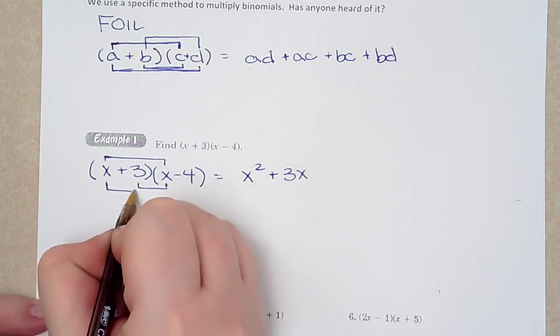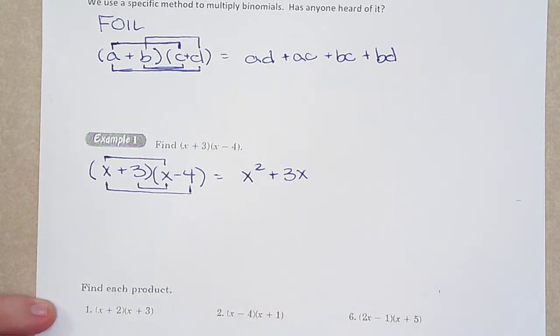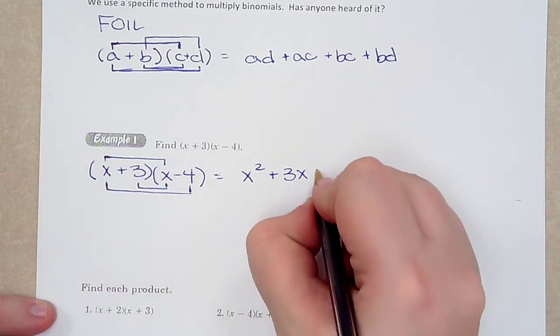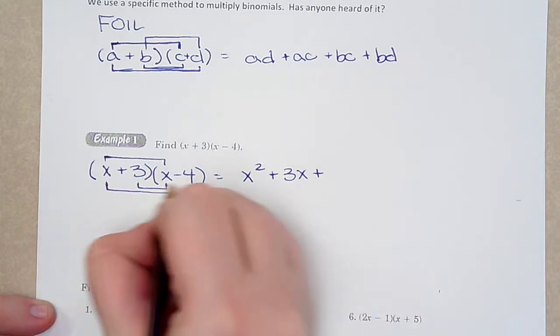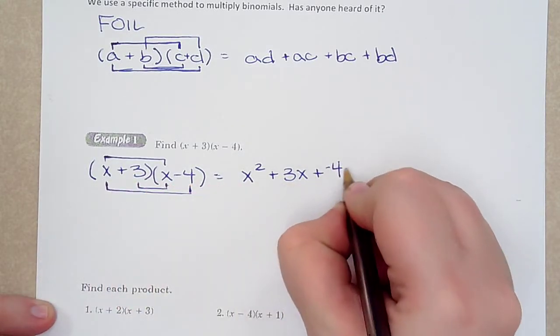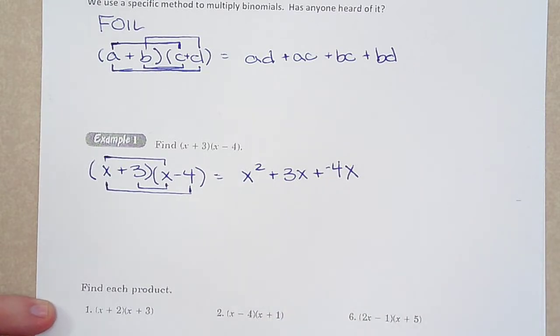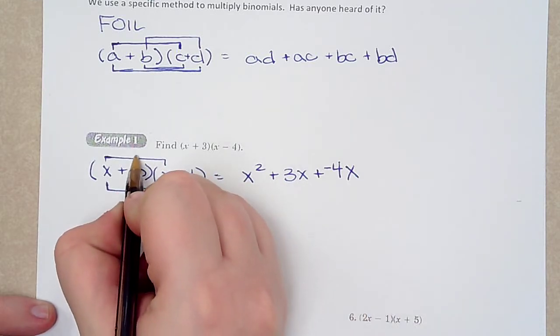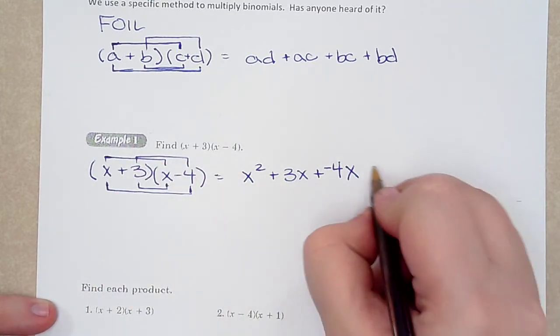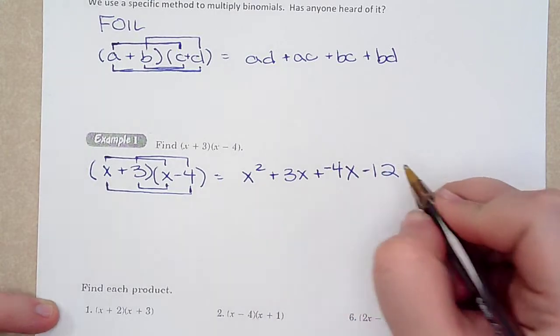It doesn't matter if you do the I and then the O, or the O and then the I. I personally do it this way, but ultimately, because we're adding all of them, it doesn't really matter. This is going to be plus a negative 4x. I like to show the negative there. Just don't forget about it. And then, of course, our last terms. So our 3 and our negative 4 makes a negative 12.